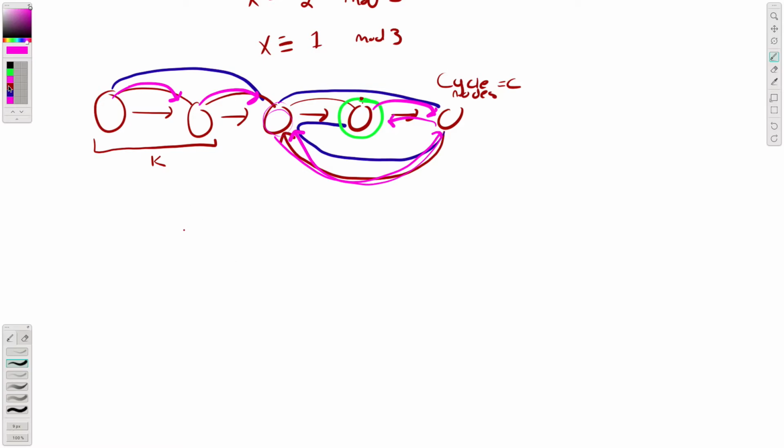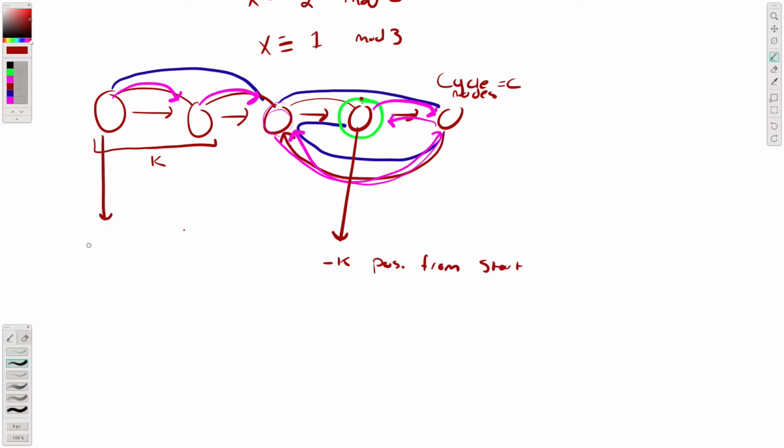Because this node is negative k position from start.